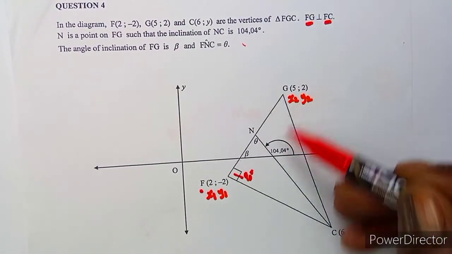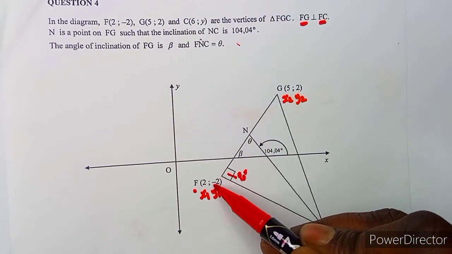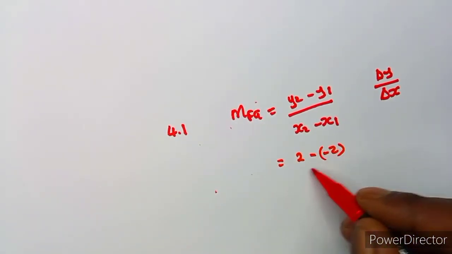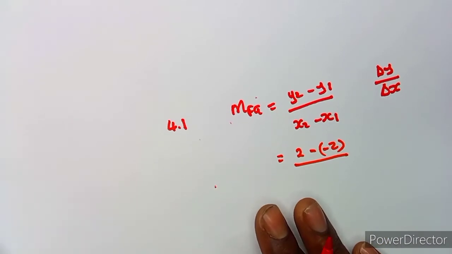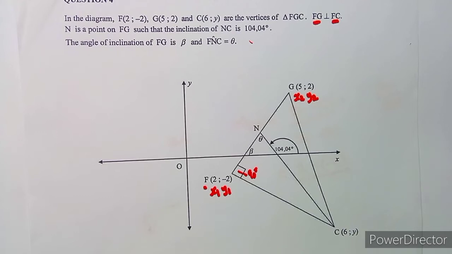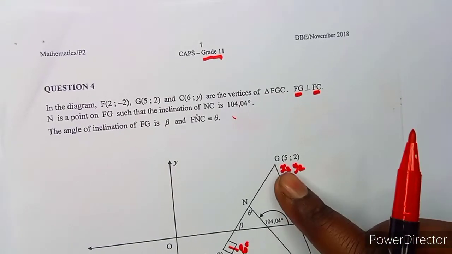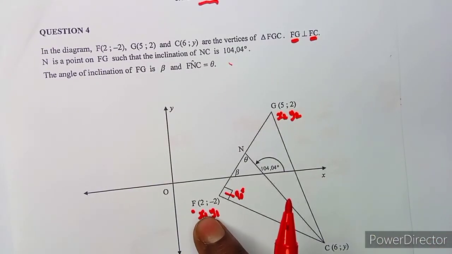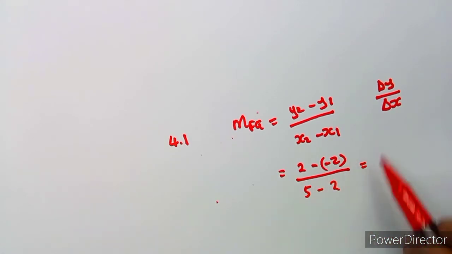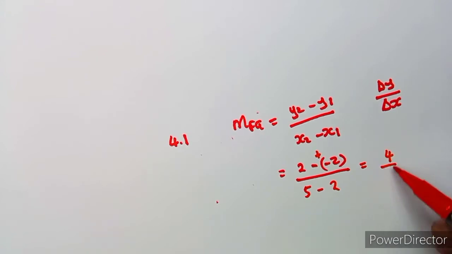So that means y2 minus y1, that's 2 minus negative 2, over x2 minus x1, taking each point properly. You have 5 minus 2, which is 3. And minus and minus is a plus, so 2 plus 2 is 4, over 3.